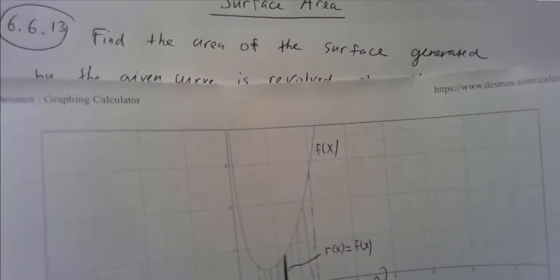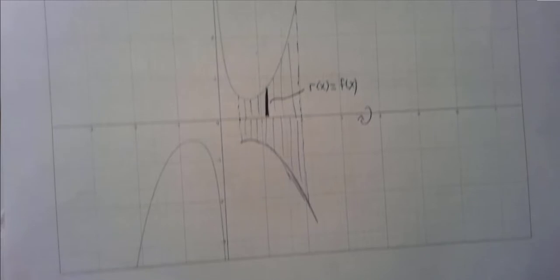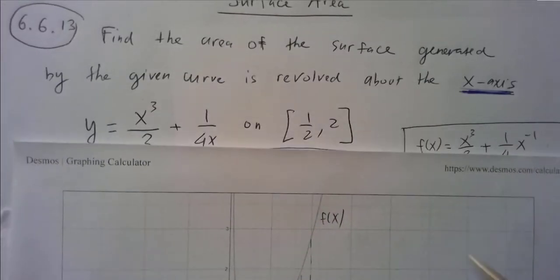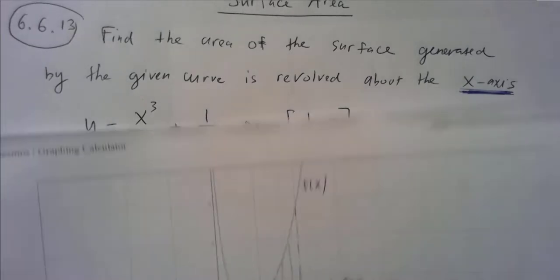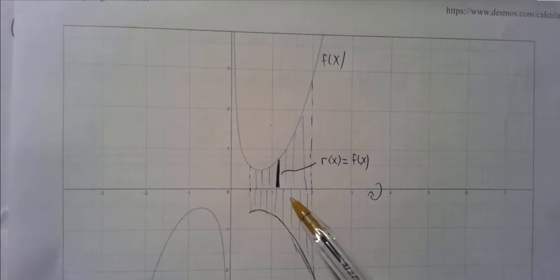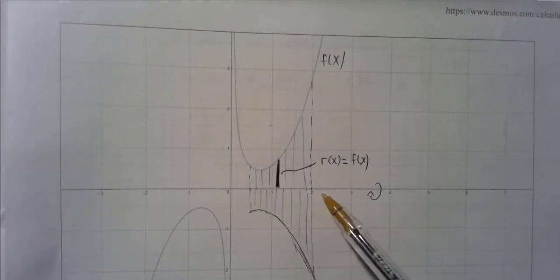So this is the graph of x to the third power over 3 plus 1 over 4x. Because we are only focusing on the interval from 1/2 to 2 on the x-axis, this is 1, this is 2, so 1/2 is around here up to 2.